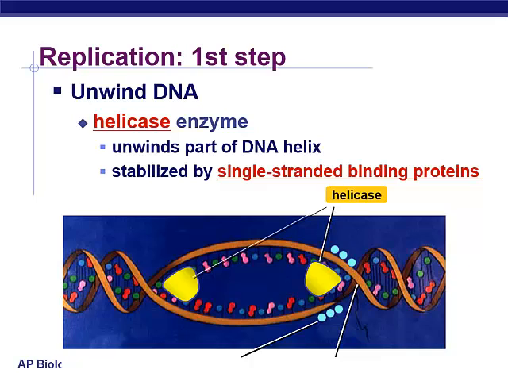It's spelled just like it sounds, TOPO isomerase. It helps release the tension as the helix is unwinding. Because you can imagine, if you have this double helix and you pull part of it open, it's going to create tension on the strand down from where you pulled it open. So topoisomerase helps to relieve that.